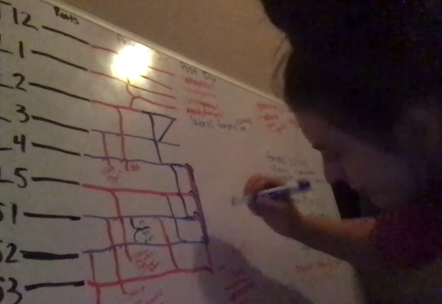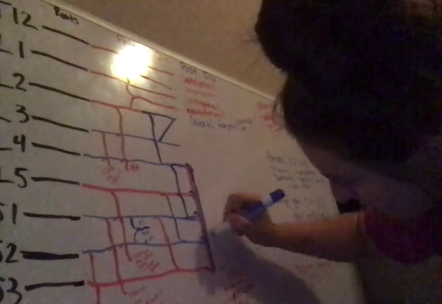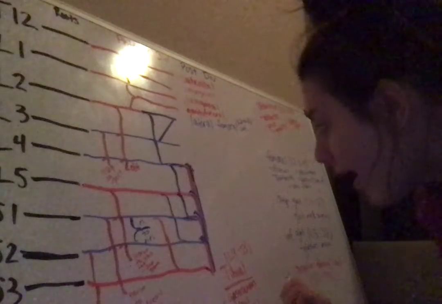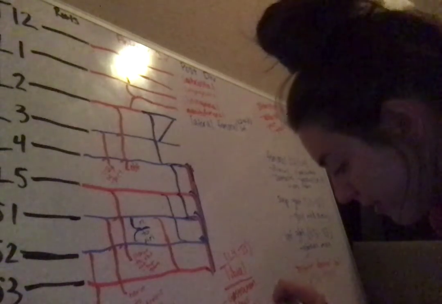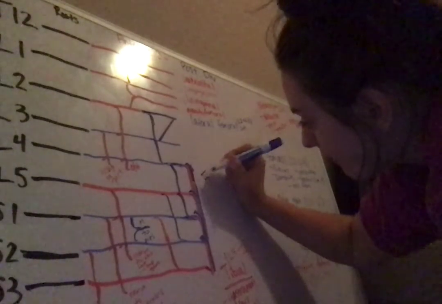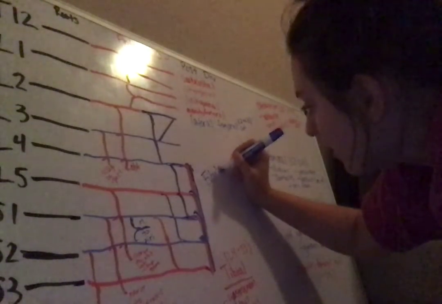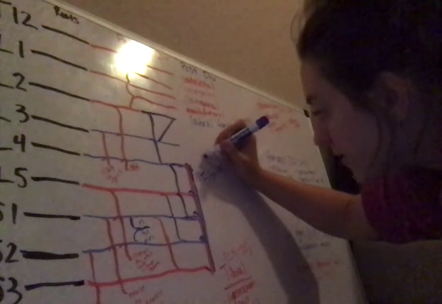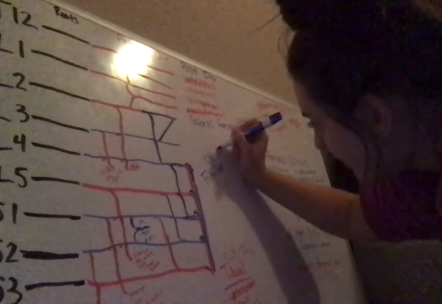Okay. So this is the fibular nerve. And as I said, it's L4 through S2.